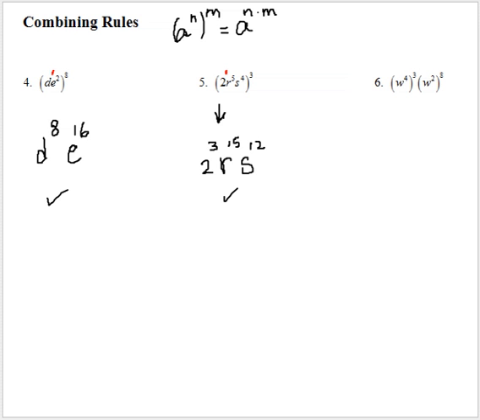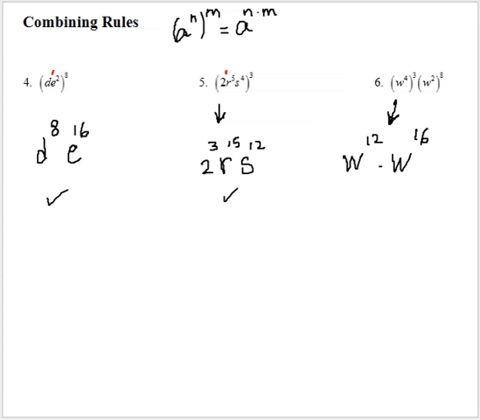All right. Robin, can you tell me the next one here? That would be m to the power of what? You multiply 3 and 4. That would be w to the power of what? 12. And then we have w to the power of 2 times 8, which is what? 16.